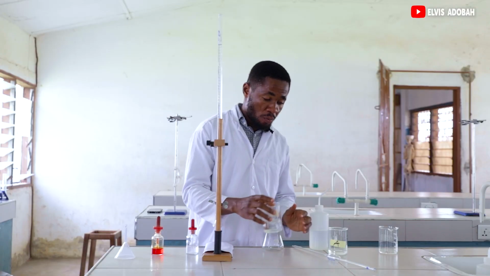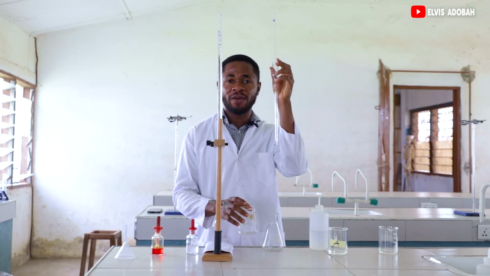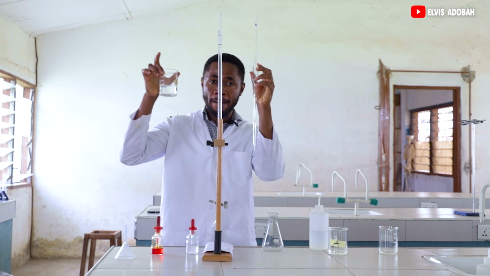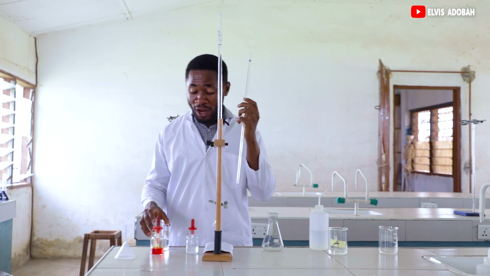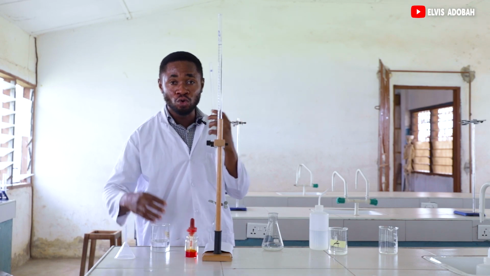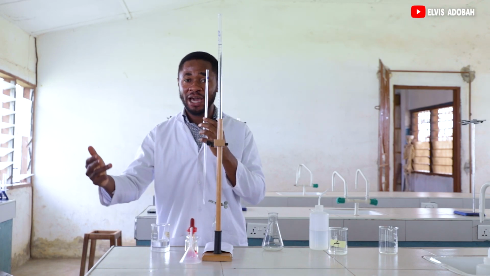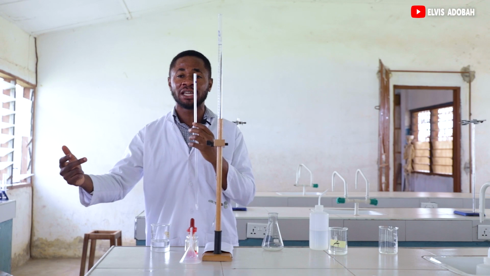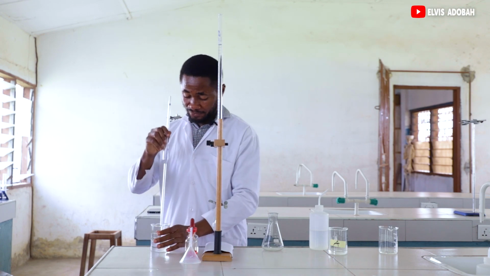Then we will pipette 25 centimeters cube of solution B, which as we know is a mixture of two substances, sodium carbonate and sodium hydrogen carbonate.